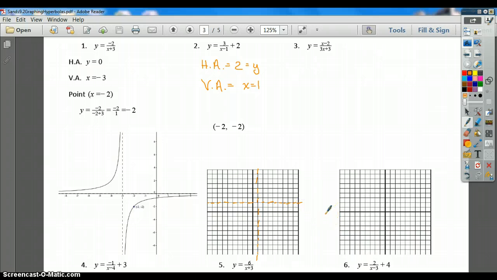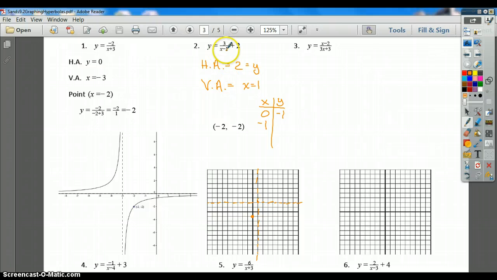Okay? So what I'm going to do is start testing points that are around this x here. So if I go to plot, let's put 0 in for x. If I put 0 in, I get 3 over negative 1, so that's negative 3 plus 2, that's negative 1. So at 0, I'm at negative 1. We're going to put negative 1 in.